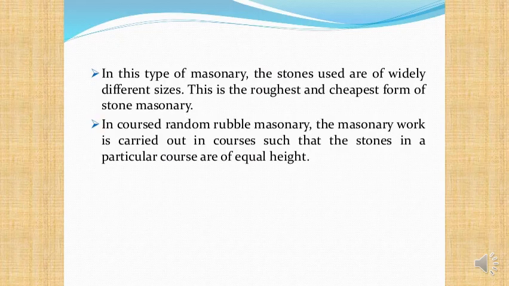So one of the great things about rubble masonry is that it's easily available. Remember, compatibility and availability are the two factors which go into deciding a material for a civil engineering application.